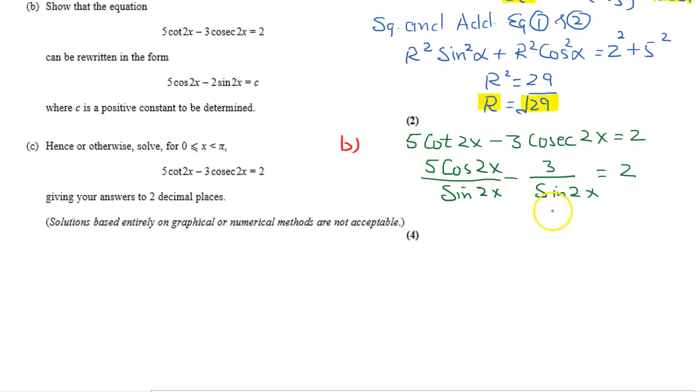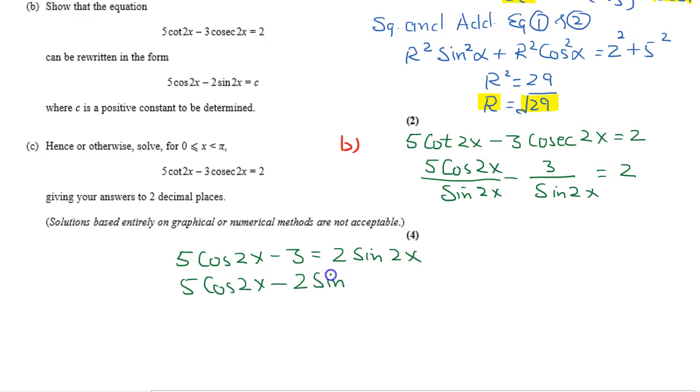This is sin 2x, a common factor, so we can multiply through. The remaining part will be 5 cos 2x minus 3 is equal to 2 sin 2x. So it will be 5 cos 2x minus 2 sin 2x is equal to 3, and it can also be written as c, where c is a positive constant.